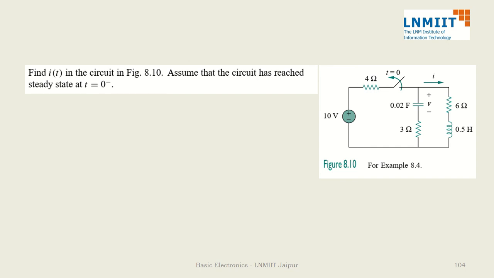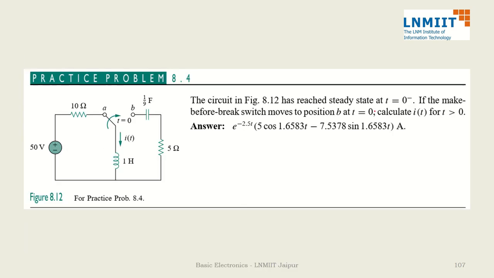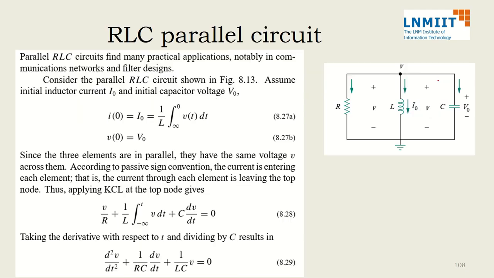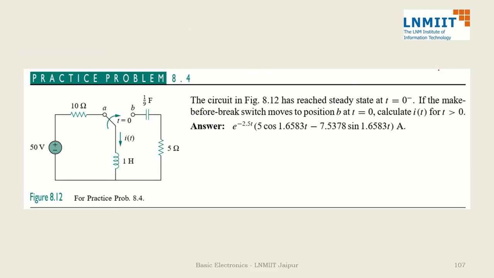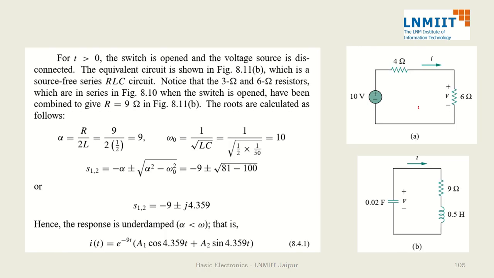So now what are we saying? Let us look at this example or any one. Here first I got alpha and omega. Here alpha is less than omega, so I got s1 and s2, and this is my equation.